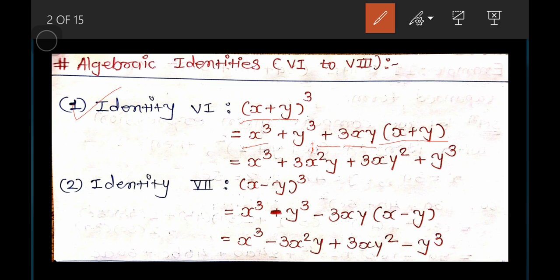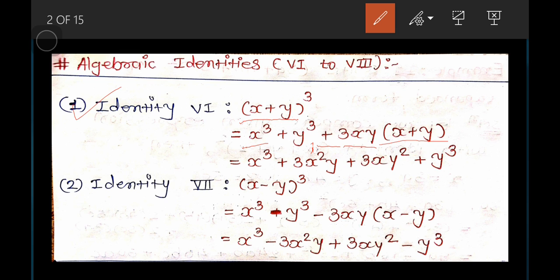So we can expand identity number 6, that is (x + y) whole cube is equal to x cube plus y cube plus 3xy into (x + y).